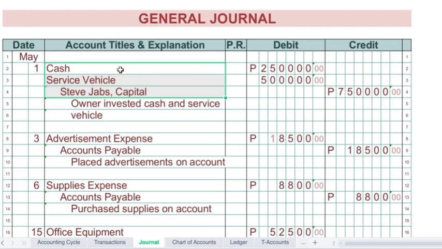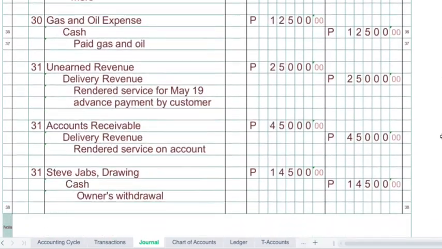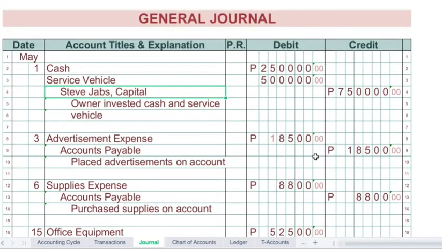Okay, compound entry like this one. We have cash, we have service vehicle, and we have Steve Jobs capital. Okay. Again, okay, the process is what we call journalizing. This book is called a journal, and the information recorded here is called a journal entry. Okay, remember that.